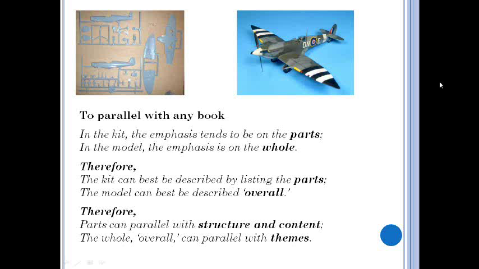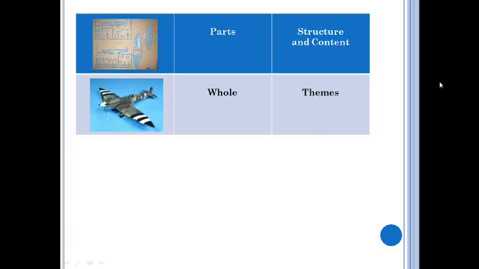Therefore, the parts can parallel with the structure and content of a book or letter, whereas the whole can parallel with the themes that we find. To put this together, we have the kit, emphasizing the parts, which parallels with the structure and content of a book or letter. The completed model, emphasizing the whole, points us in the direction of the themes.